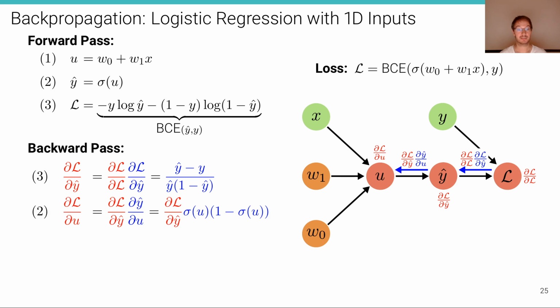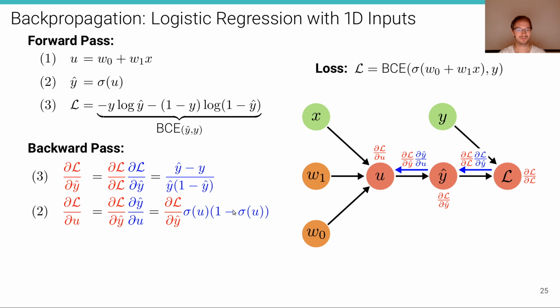Then in the second step, we compute the gradient of L with respect to u, which is the gradient of L with respect to y hat that we have calculated in the previous step, times the local gradient of y hat with respect to u. And the gradient of y hat with respect to u, this is simply the sigmoid of u times 1 minus the sigmoid of u.